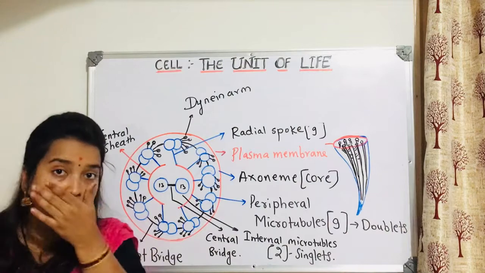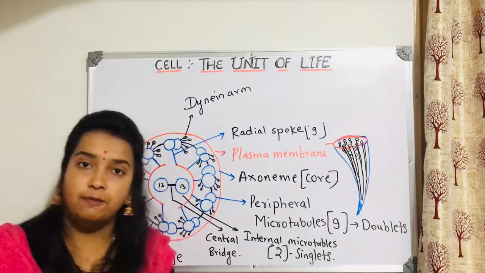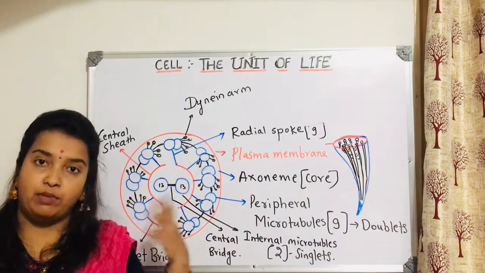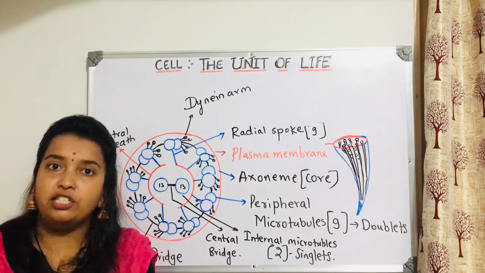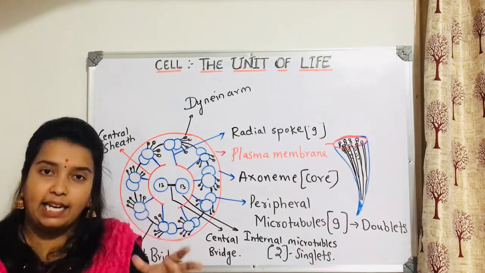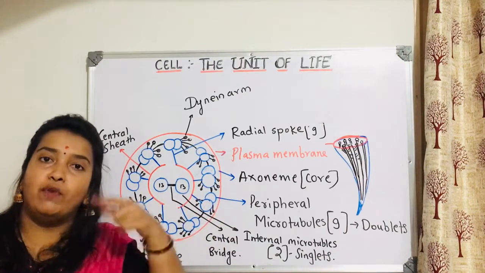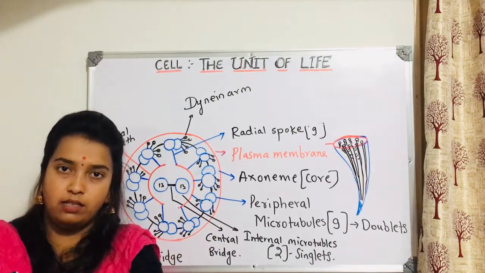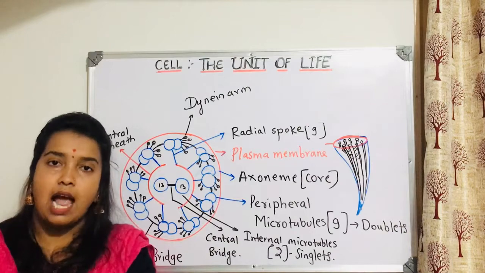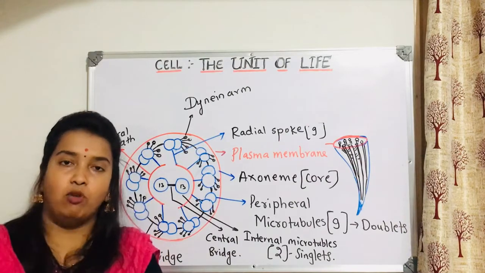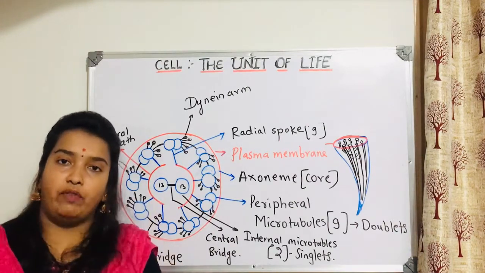You know ATPase, ATP synthase. What it does, it forms ATP. With the help of energy, when ATP is produced, that ATP is used and this movement is done. Dynein arms will move, they touch the other microtubules in front, and it moves up and down.